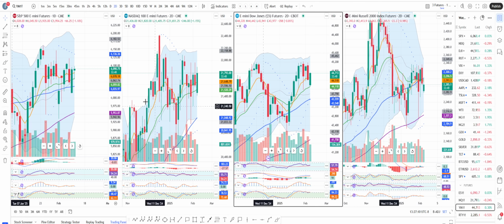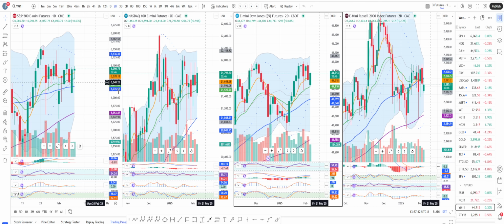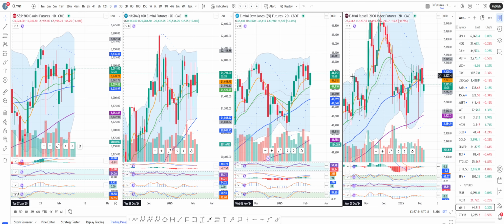And if we look at the futures closure, most likely Nasdaq is going to go higher tomorrow. S&P is unsure at this moment, and Dow Jones is forming a thrusting line, which is a bearish continuation.